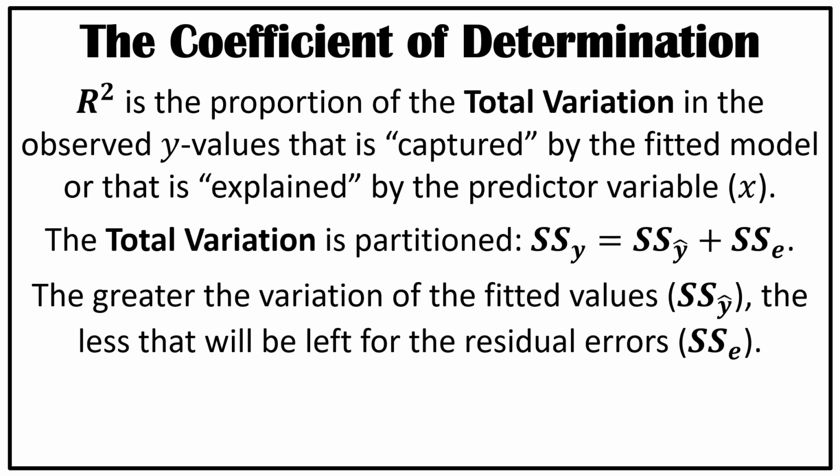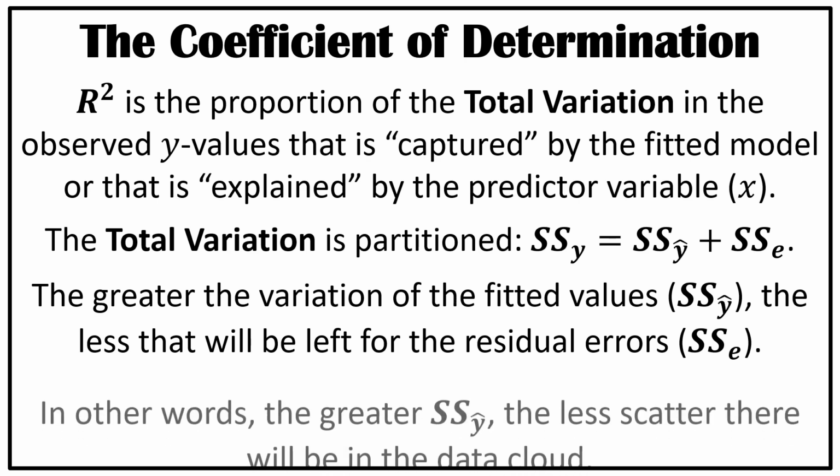And why do I say it that way? Because remember, the sum of squares of y hat, the variation of your fitted values, plus the variation of your residuals, they have to add up to a constant. And so if one of those numbers gets bigger, the other one has to get smaller to compensate. So the bigger the variation due to the systematic component in your data, the less variation there will be left over for the random component. And so what does that mean in the end?